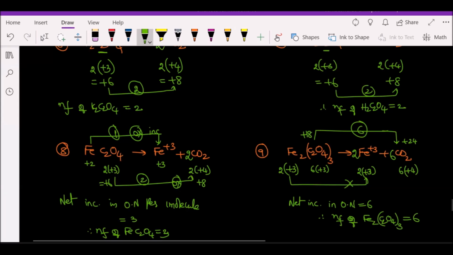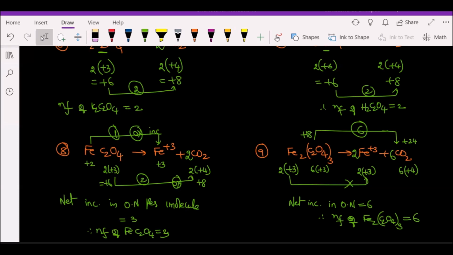Mr. David can continue. Sir, if we take the oxidation number of iron and carbon as X and Y, we can do it directly, no, sir? You can do whatever it is. No problem. I want to find the final increase. So if it is a shortcut method, you can go for it, no problem. Then the oxidation number per one molecule, we have to check for which molecule we are calculating the N factor.